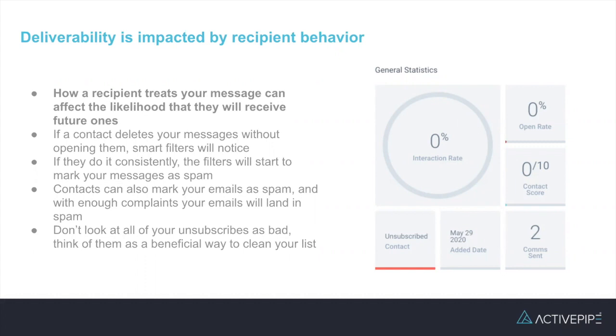Think of unsubscribers as more of a positive thing, because it's better to have someone unsubscribe than mark your email as spam. The more people who mark your emails as spam, the more it impacts your other recipients, who may find the information relevant and want to receive those emails, and it may send their copy to spam too.